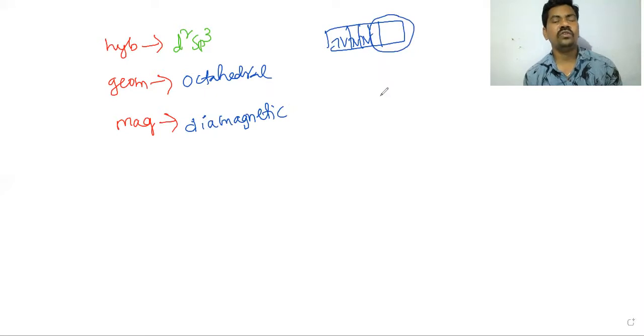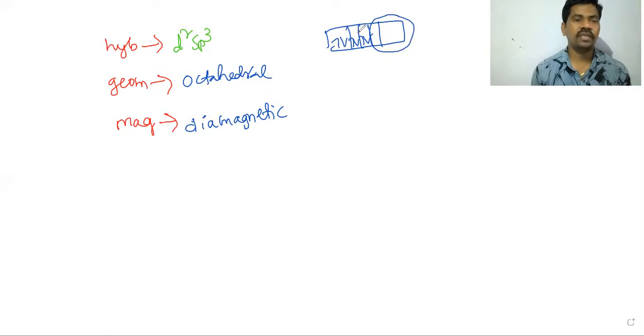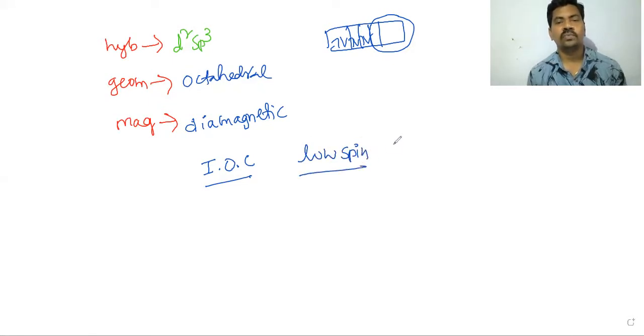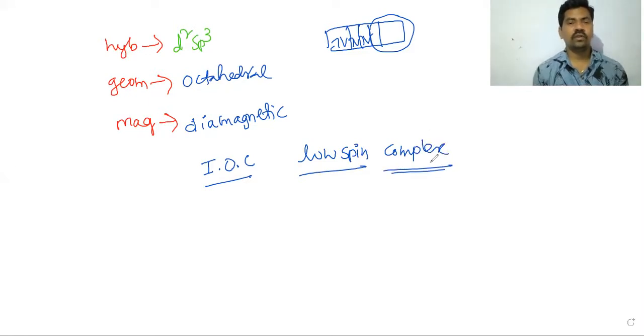If unpaired electrons were present it would be paramagnetic, but there are none. It is a diamagnetic coordination complex, an inner orbital complex, and a low spin complex, because there is no unpaired electron.